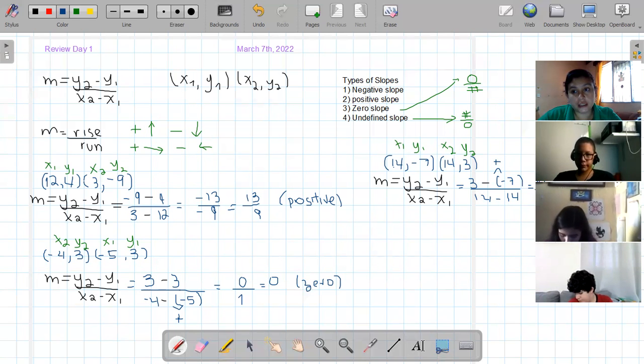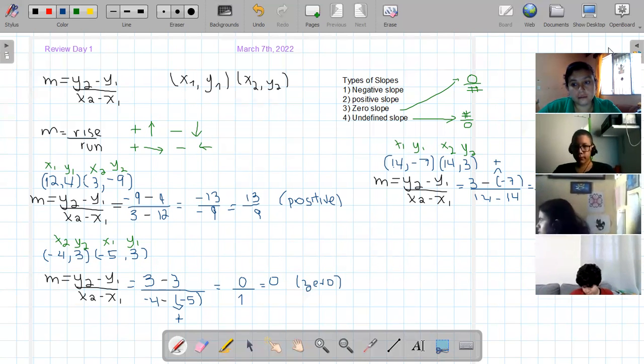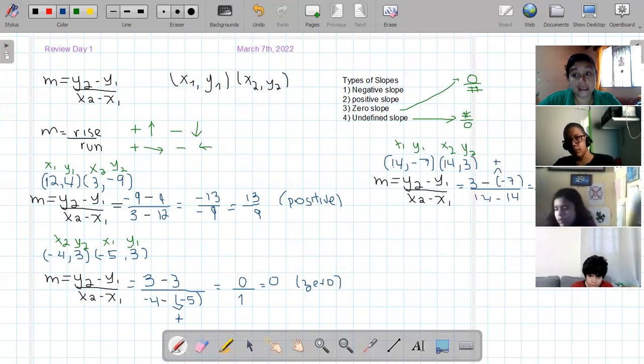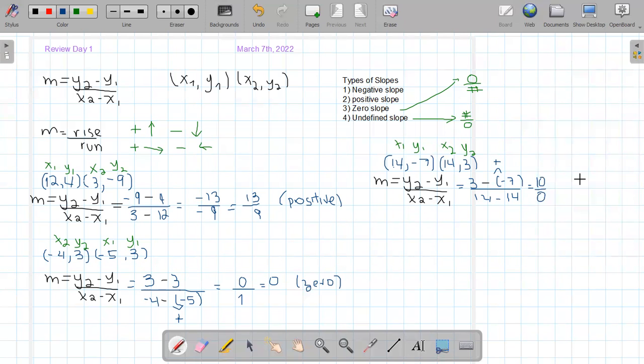And 14 minus 14 is 0. And there you go. A number over a 0. This is an undefined slope. And that's where you're going to be writing in between the parentheses, so you can know that this is an undefined slope. Questions?